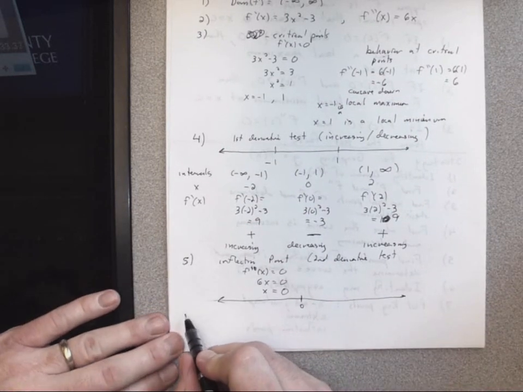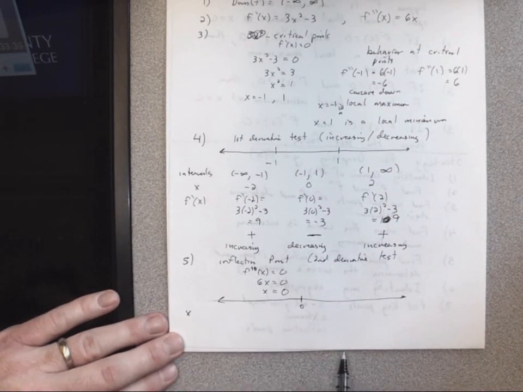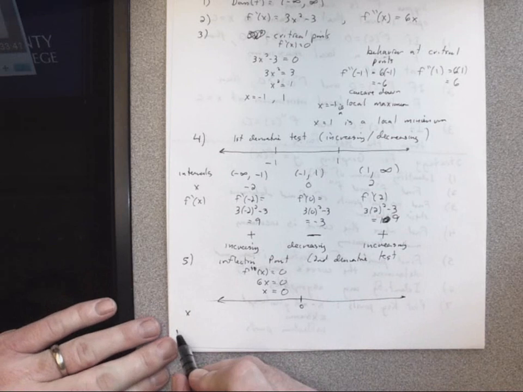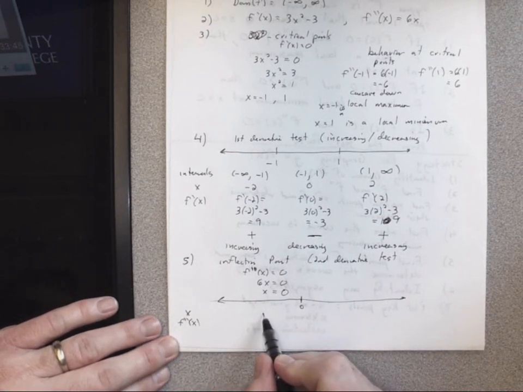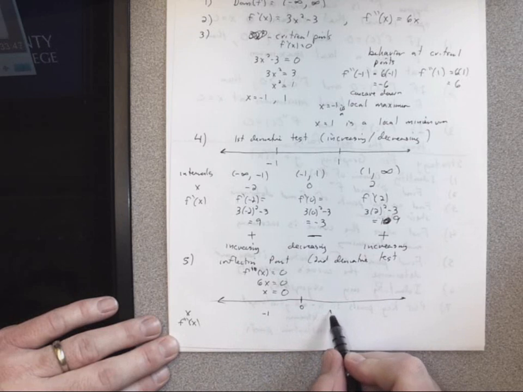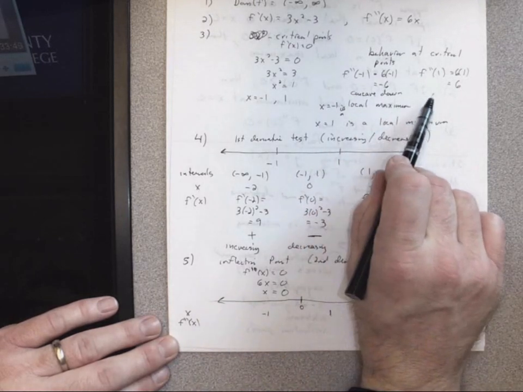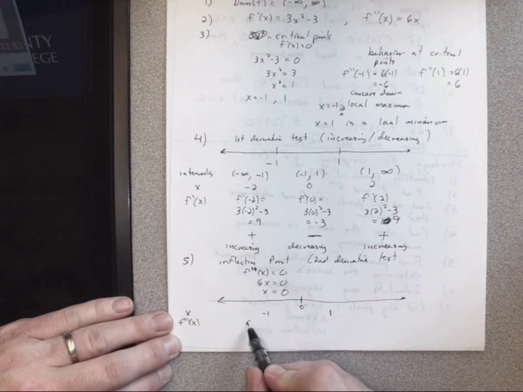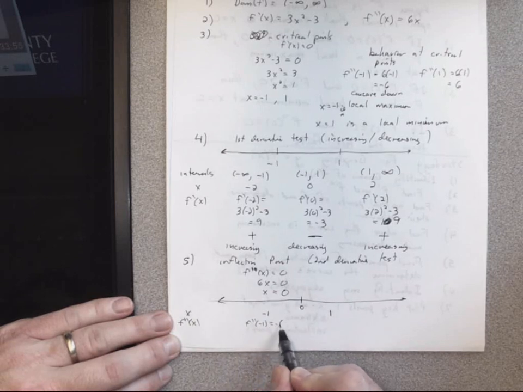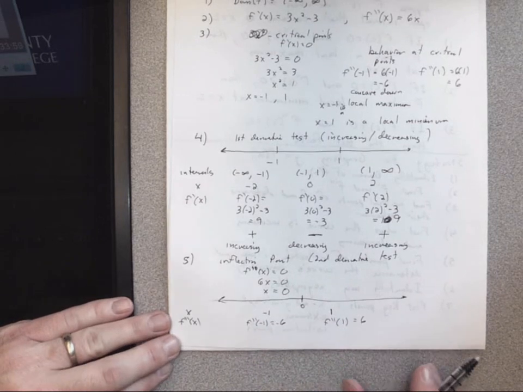So that means I'm going to pick an x value, and then I'm going to do an f double prime of x. So an x value in here, I'd say maybe -1, x value here, +1. And what's nice is we've actually already found those values, so I know that f double prime of -1 is equal to -6, and f double prime of +1 is equal to +6.